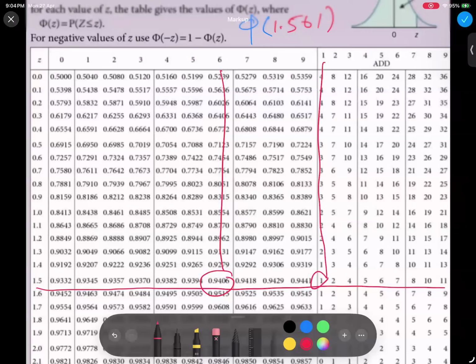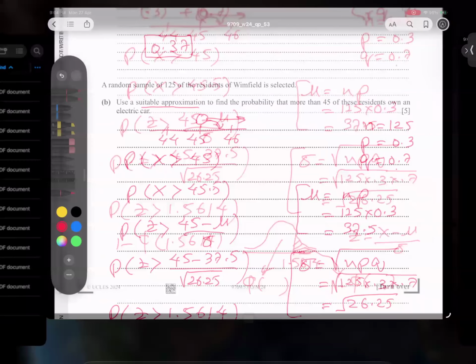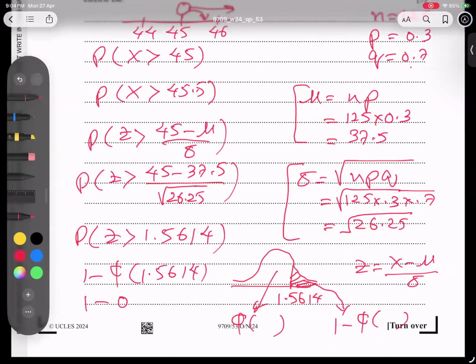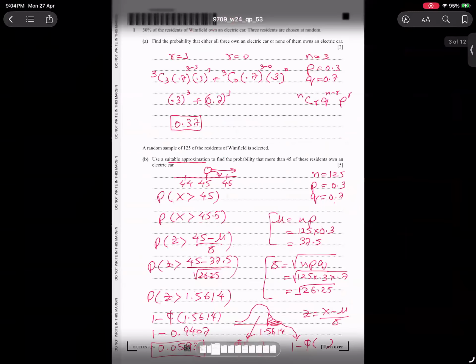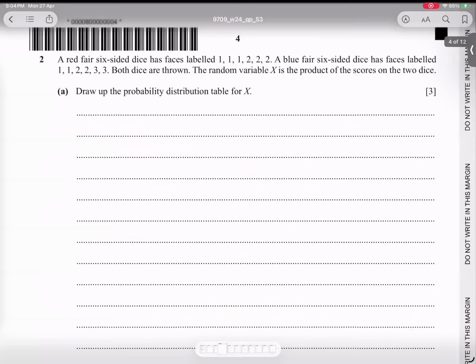So it is 0.9407 basically. So we subtract 1 minus 0.9407, and the final answer becomes 0.0593. We write it to 3 significant figures, and that is done. I hope the question is clear and the concept is clear. Let's go to question number 2.